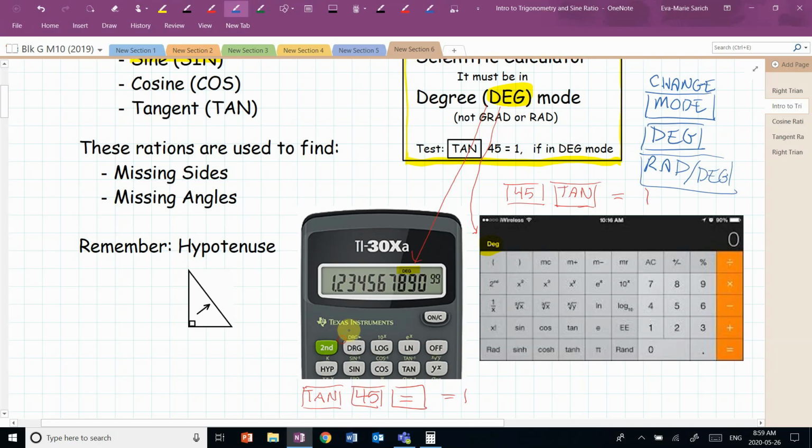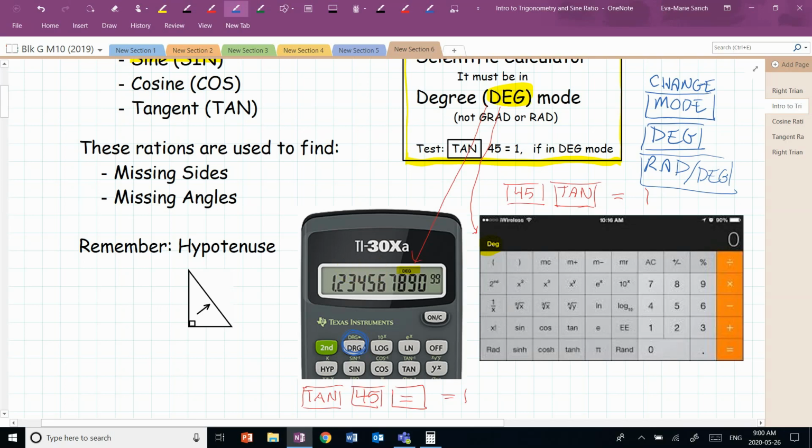Okay. Now, I see them on this calculator right here. So right there is the degree button, and if you press it, it goes to degree. If you press the second function and that button again, it will scroll through grad, rad, degree. It'll scroll across, okay?